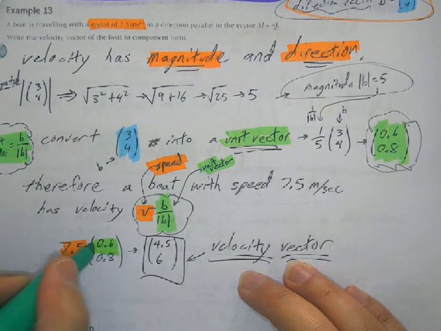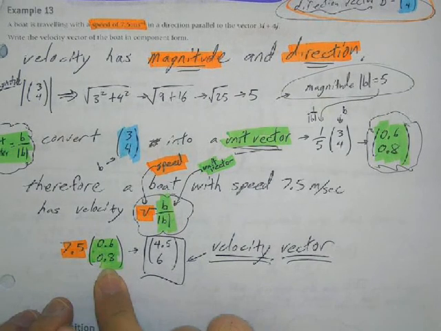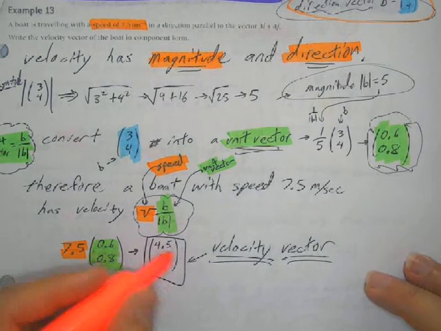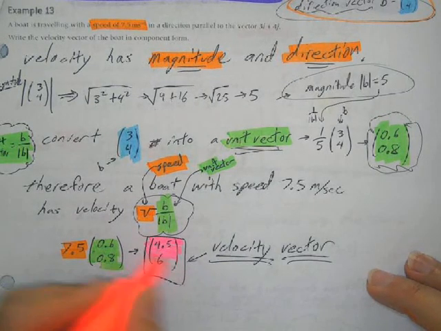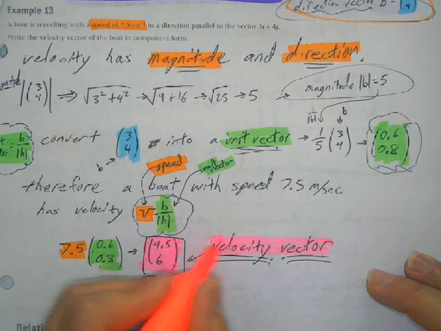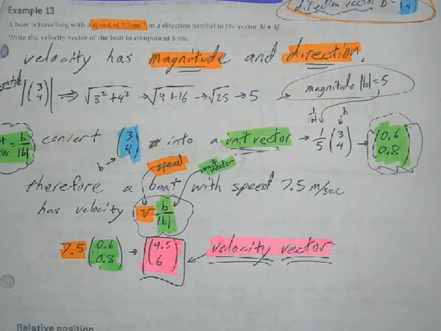And if I multiply the speed times my unit vector, that is going to give me my velocity vector. Okay. And I think I'll do the next part in another video, in part 2. I guess it's going to be 3 parts.